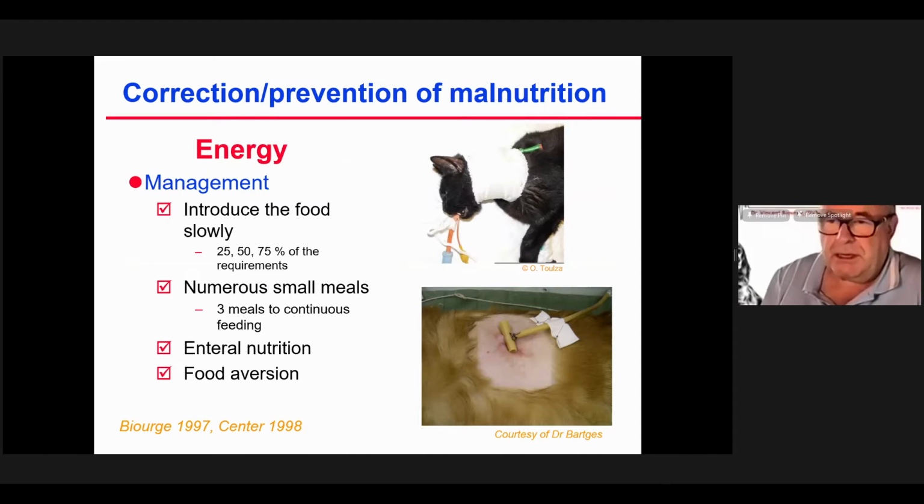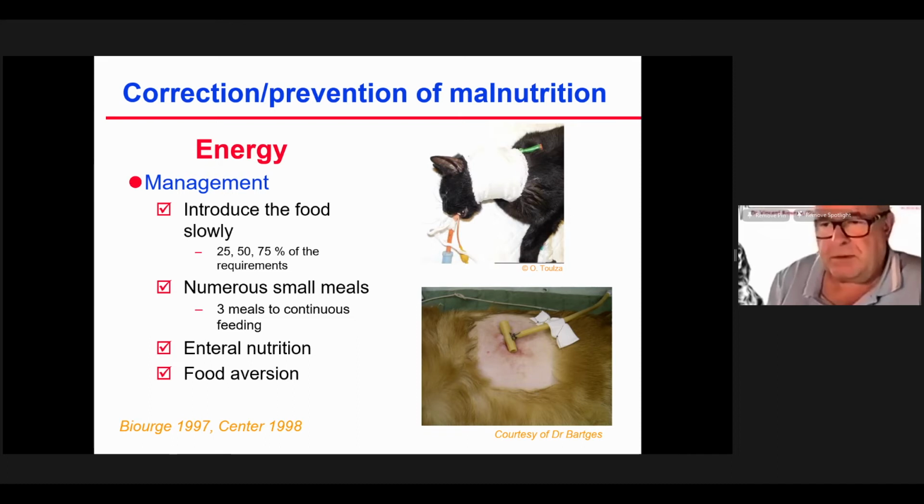The key and important thing I will remind you once again is that when you introduce tube feeding or even a new diet in a patient that has not been eating very well for a while, you have to be very slow. The GI tract will need to learn again to produce all the enzymes that are necessary to digest that food.